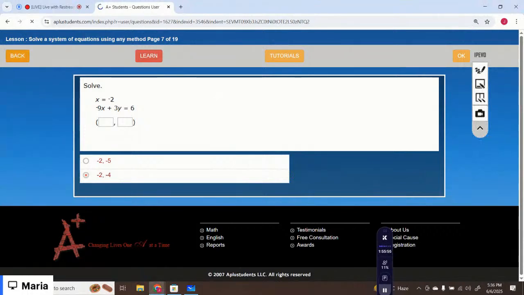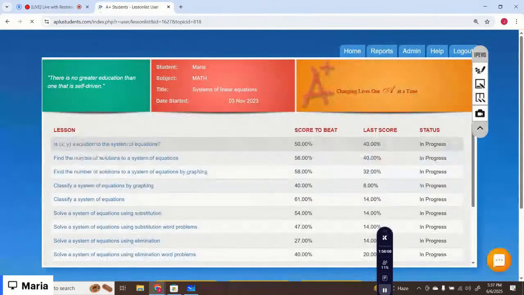Okay, you can complete the lesson by yourself today. So we were working on grade 10 math. The chapter we were working on is system of linear equations.